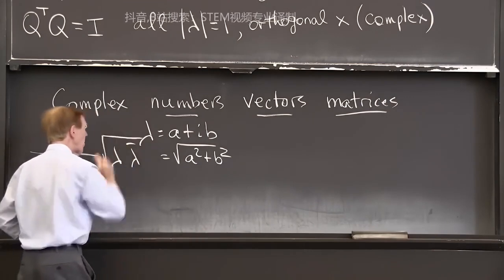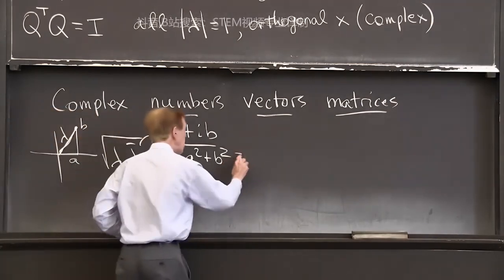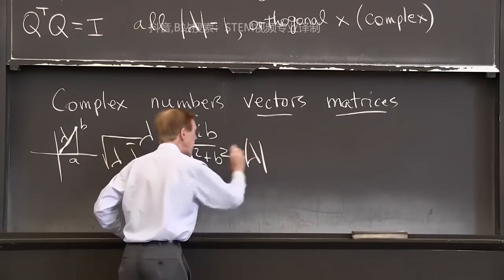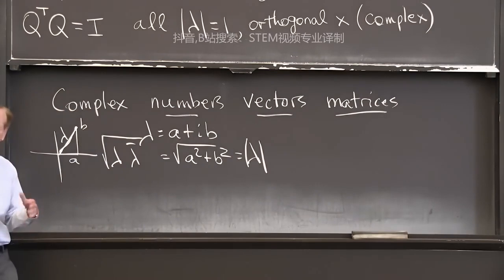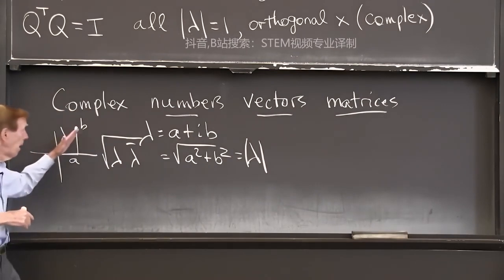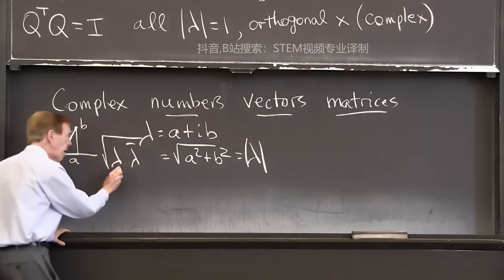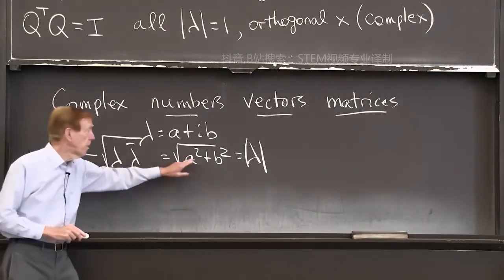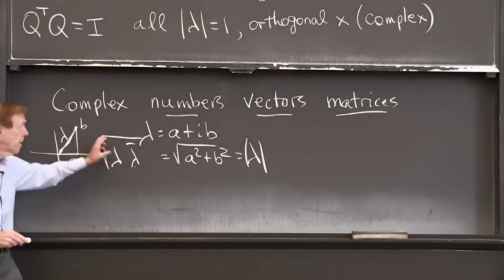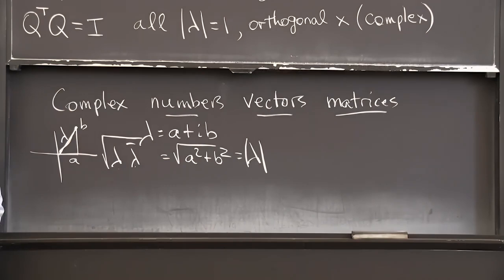So I take the square root, and this is what I would call the magnitude of lambda. So the magnitude of a number is that positive length, and it can be found by taking the complex number times its conjugate, that gives you a squared plus b squared, and then take the square root. Basic facts about complex numbers.